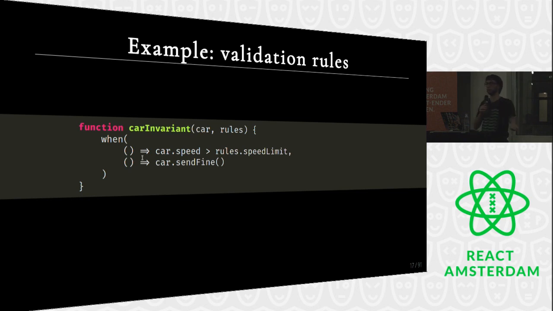So basically a side effect will be triggered. What's interesting is that it doesn't matter where or when the speed or the speed limit is changed, but if it's changed and this equation returns true, we know for sure that the fine will be sent. That's the guarantee MobX gives us.